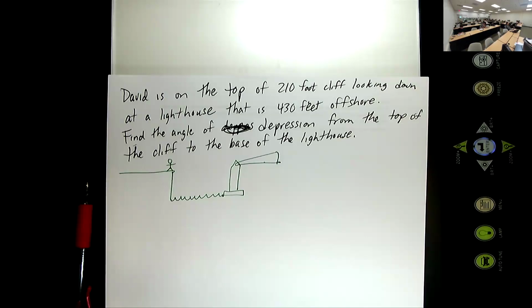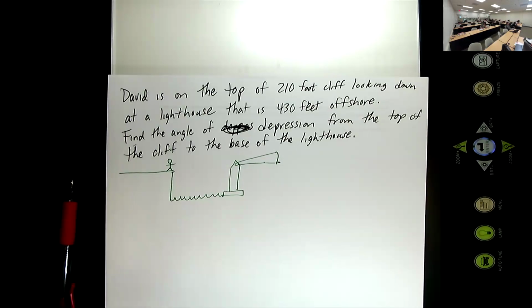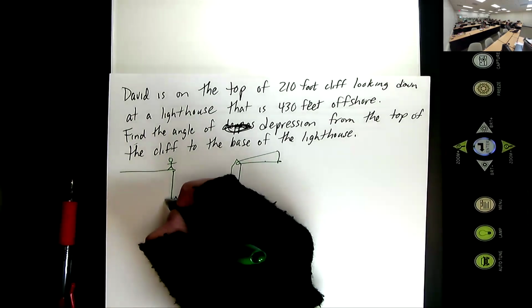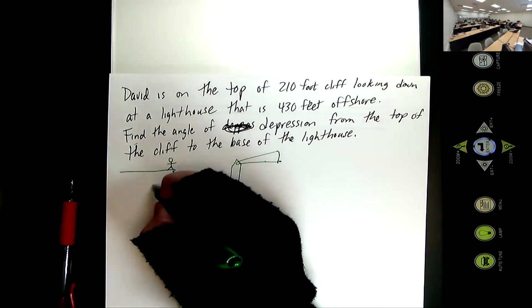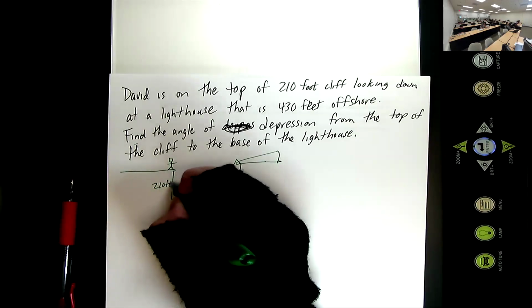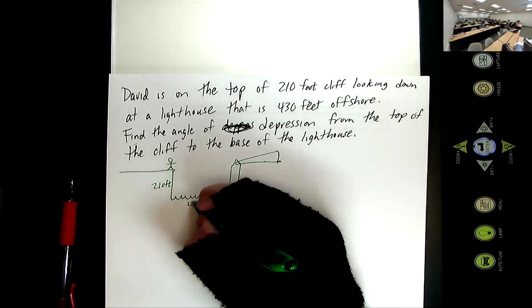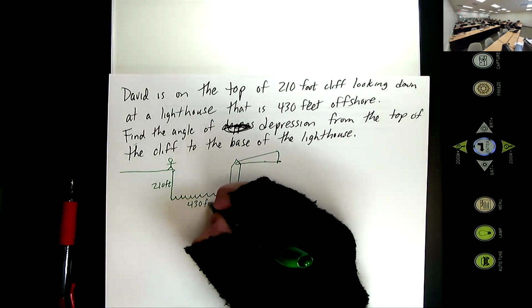I don't know if the lighthouse is to scale. A 210 foot tall lighthouse seems pretty tall, so maybe the lighthouse should be shorter, but it doesn't actually say what the lighthouse's height is. My given information is: this distance right here is 210 feet, this distance right here is 430 feet.